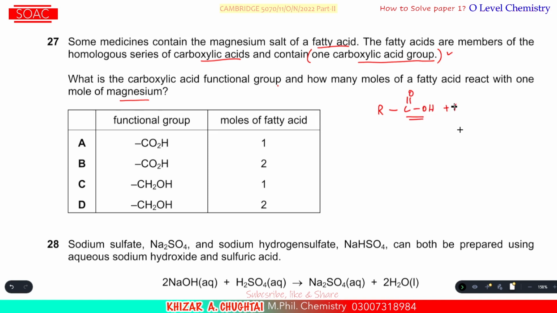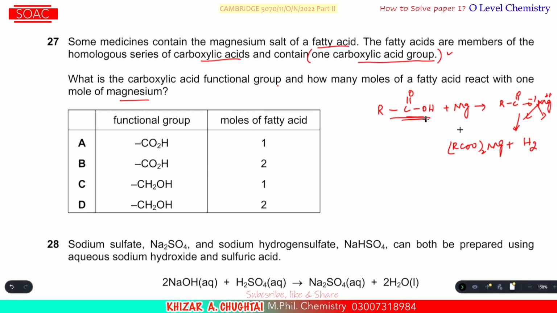If it reacts with magnesium, it makes RCOO negative, Mg will be 2 positive, and the formula of this ionic compound will have 2 over here, 1 over here. It will be (RCOO)2Mg, plus hydrogen will be formed.